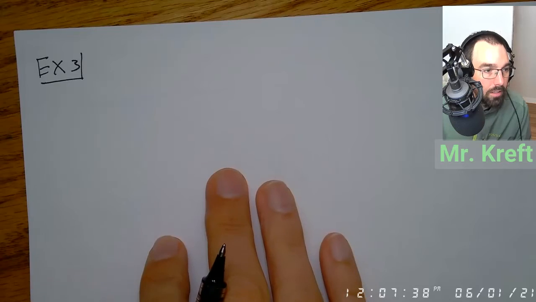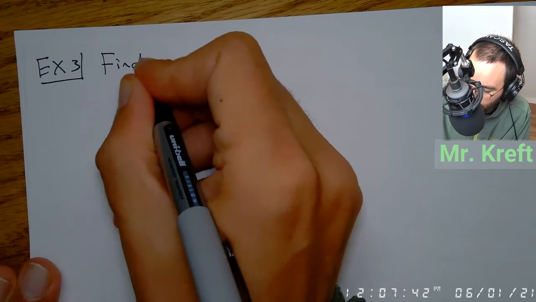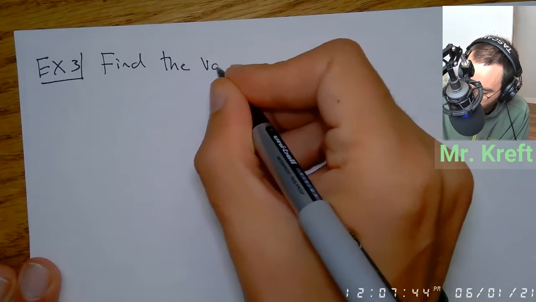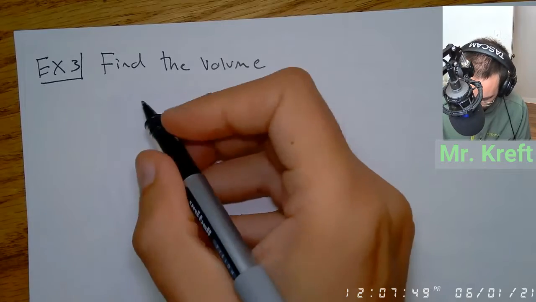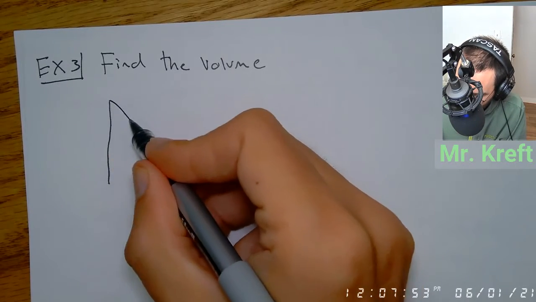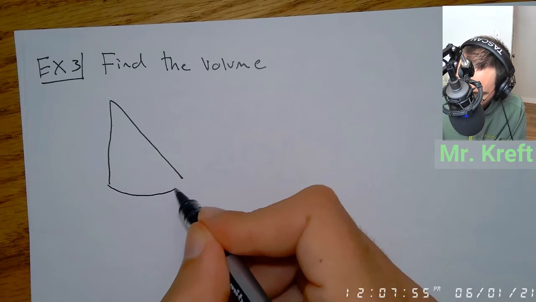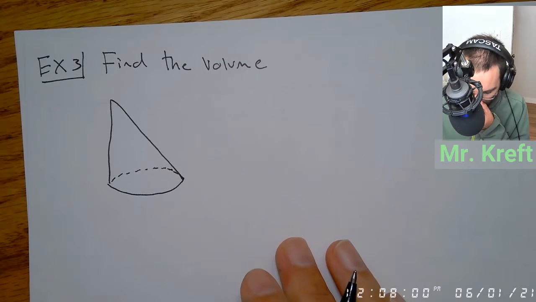Okay, so what we're going to do here is find the volume. But this time, it's going to be a cone. Now remember, it doesn't matter if the cone is slanted.